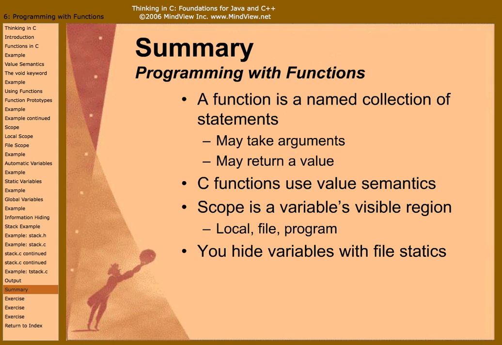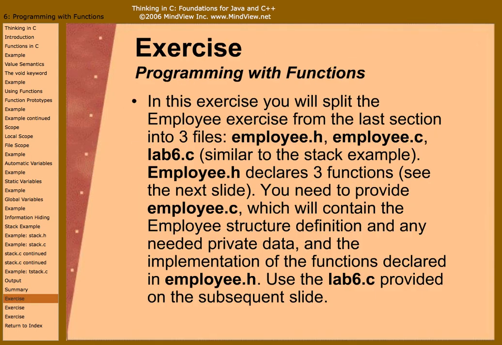In this exercise, you're going to take the employee example from the last chapter and make it more modular. Split it into 3 files like we just did with the stack example. So you need to have a header file which will declare certain functions for things that you want to do with employee structures. Employee.c will have the definitions for those functions, and lab6.c will be a test program.